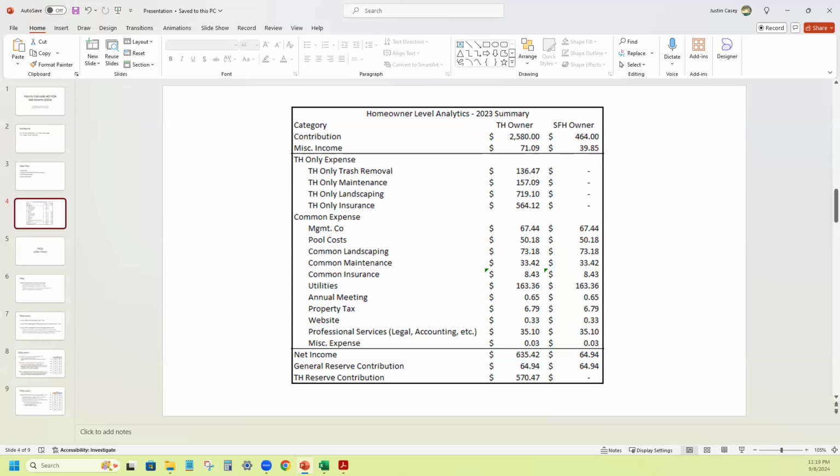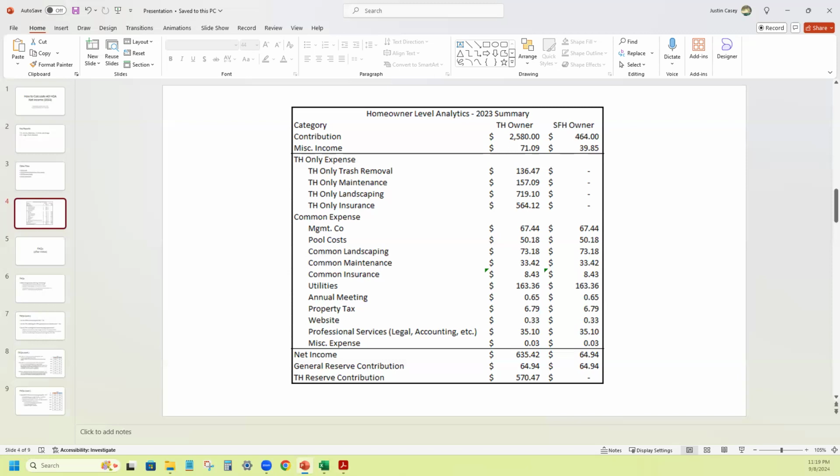You spent $720 of that on landscaping. You spent $160 or so on maintenance for the townhomes, and you spent a lot of that, $564, on insurance.